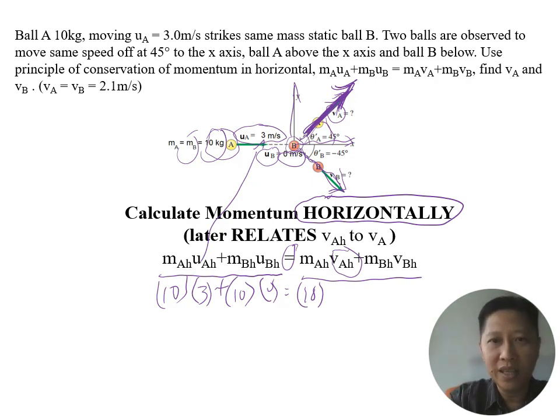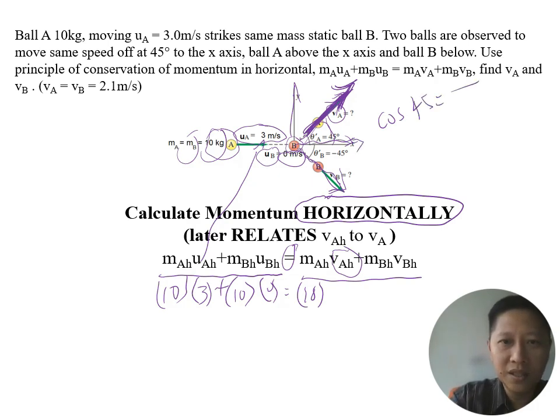So to find it, cos 45 degrees equals the horizontal velocity VAH divided by VA. Making VAH the subject, VAH equals VA times cos 45.